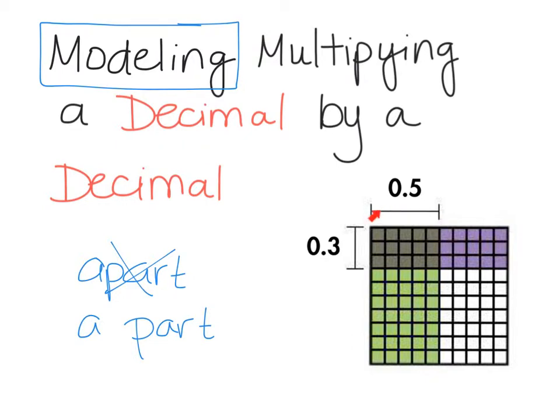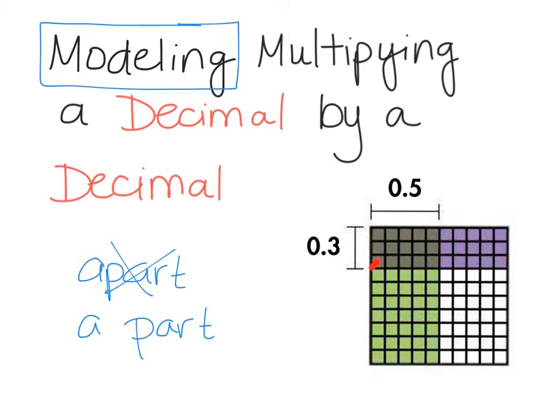So you can see here that this area right here is talking about 5/10 of the grid. So 5/10 have been colored in vertically. And then from here to here is pointing to the fact that you have 3/10 colored in horizontally.